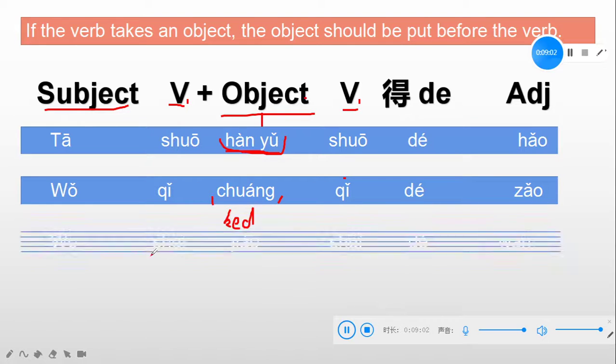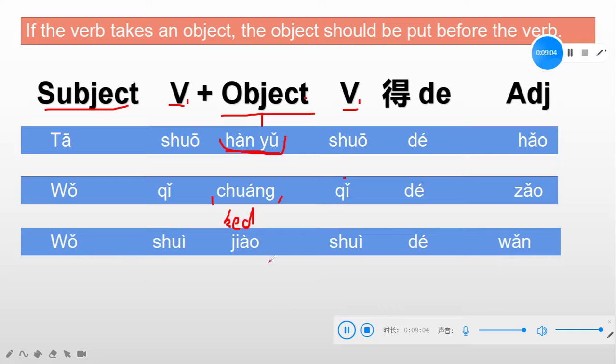Okay. Now example 3. 我睡觉睡得晚. 睡觉 together means to sleep, and when we omit 觉, 睡 as a single verb also means to sleep. But when we put 觉 here, 觉 is used as an object.